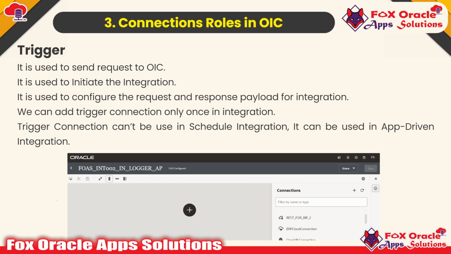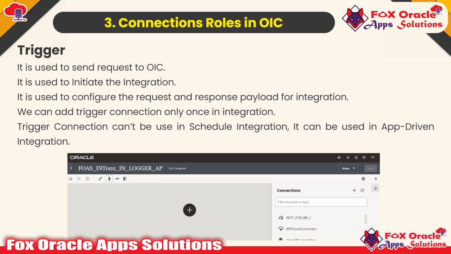So when we create an integration in such a way that we have to pass some values while running it, those values are known as the request payload. And once the integration is completed, the values we expect in return are known as the response payload.